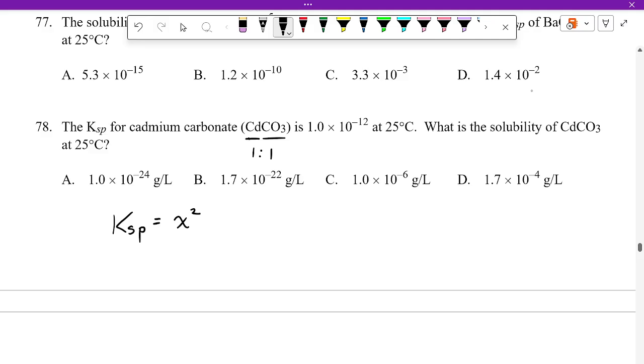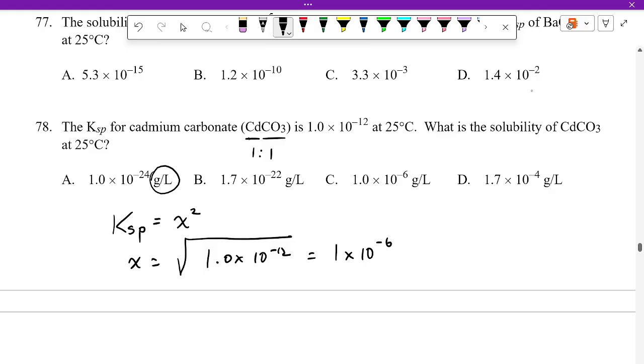Okay, and so then my solubility will be the square root of that, except it's now in grams per liter, so I'm going to have to do a conversion as well, because this will give me moles per liter. So this is going to be the square root of 1 times 10 to the negative 12, which is 1 times 10 to the negative 6.